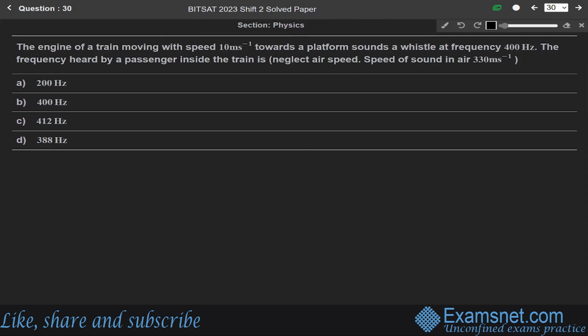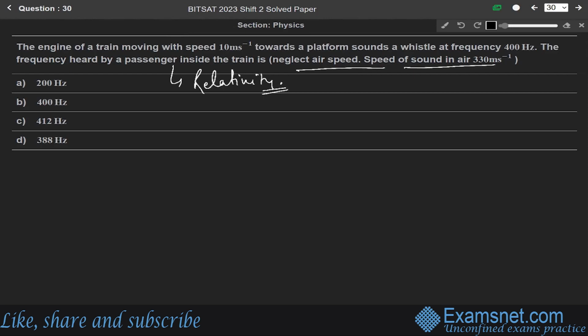Now next question 30. The engine of a train moving with a speed 10 meter per second towards a platform sounds a whistle at frequency 400 hertz. The frequency heard by a passenger inside the train is, okay, neglect air speed, sound speed is this. So this question is from the chapter of relativity. We know that for this we will use the concept of relative velocity.